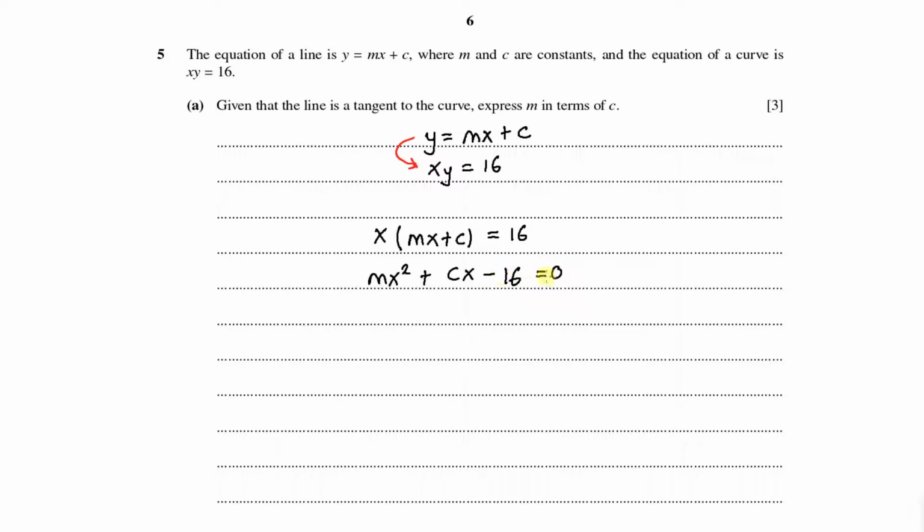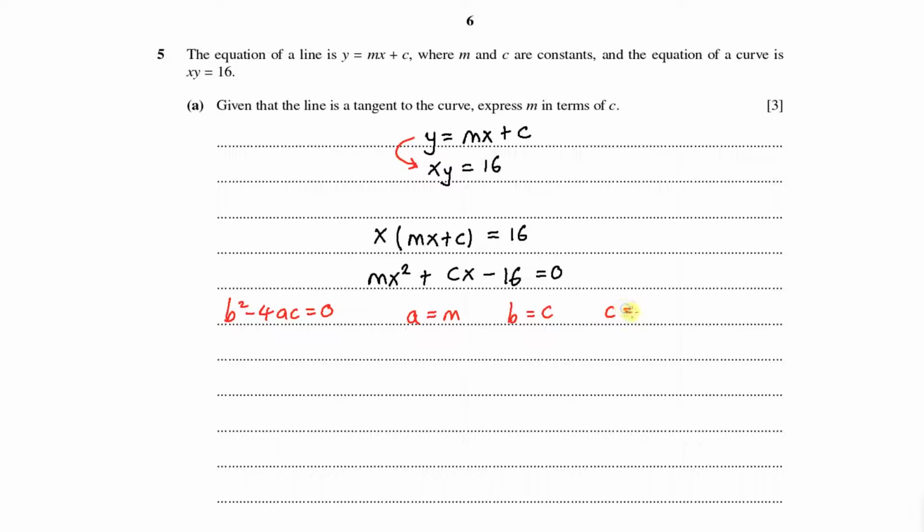So I now have this quadratic expression here. So since the line is a tangent to the curve, it means that b squared minus 4ac should be equal to 0. Since the line is only touching the curve only once, so we only have one root right there. So a is the coefficient of x squared, so that's m. b is equal to the coefficient of x, so that's c.